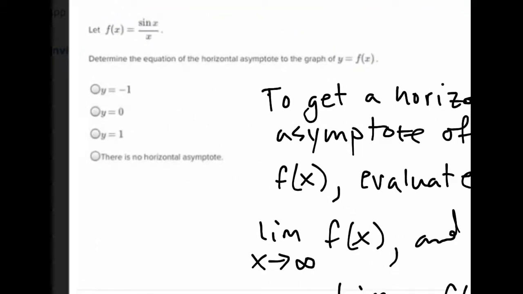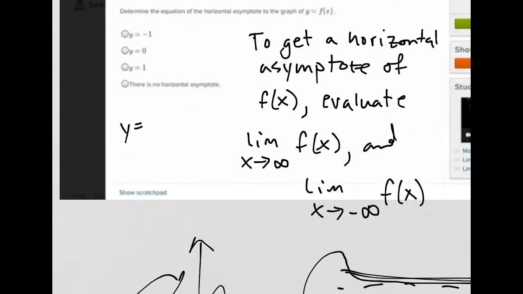Here it says determine the equation of the horizontal asymptote. These are horizontal lines, so we're going to have y equals something. All we do is take the limit from each side.